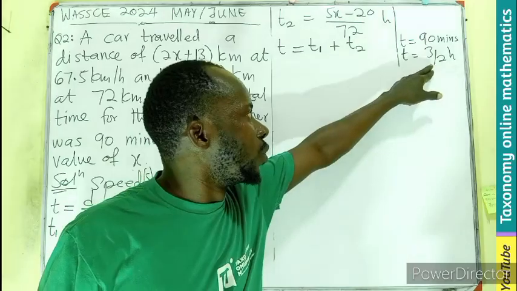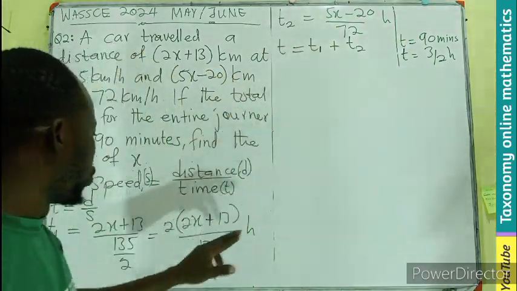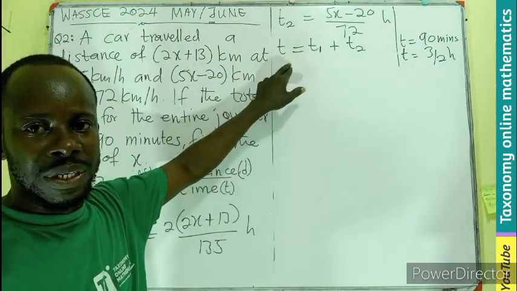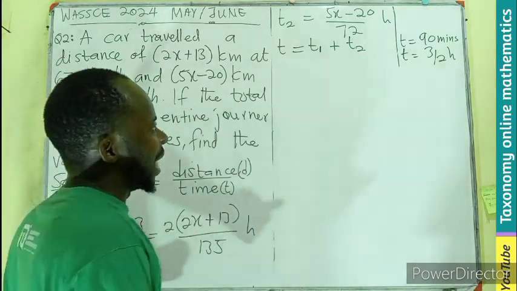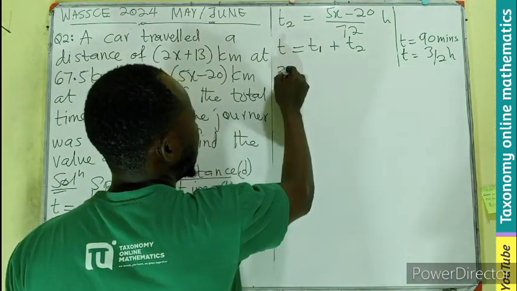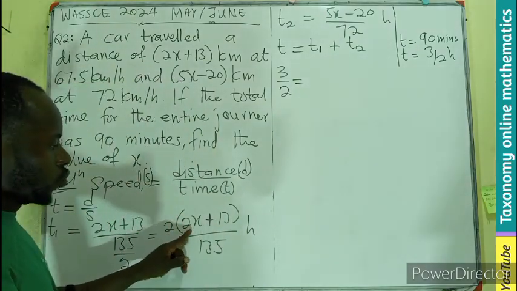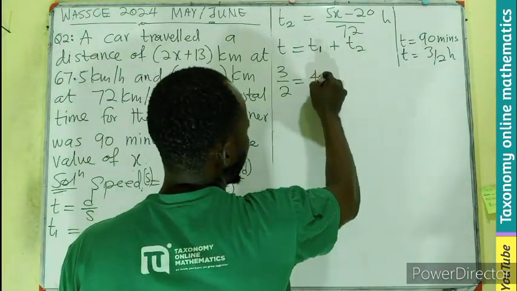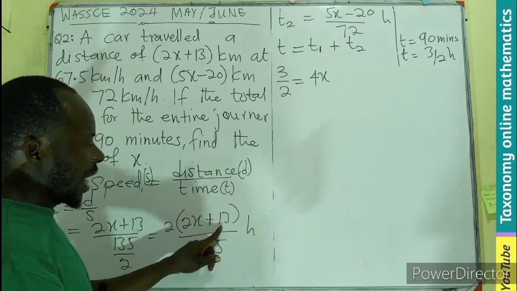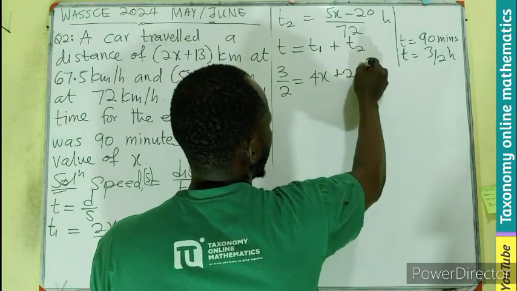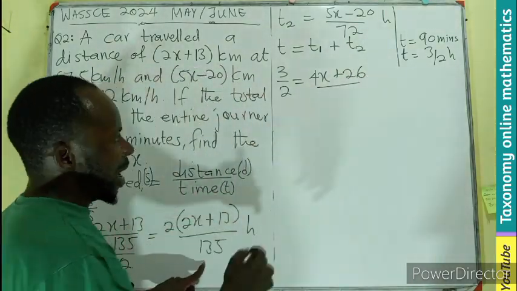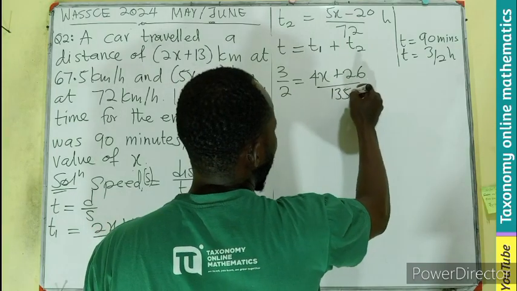So we substitute T1 and T2 into this equation. 3 over 2 equals the first part, 2 times (2x plus 13), which is 4x plus 26, divided by 135.